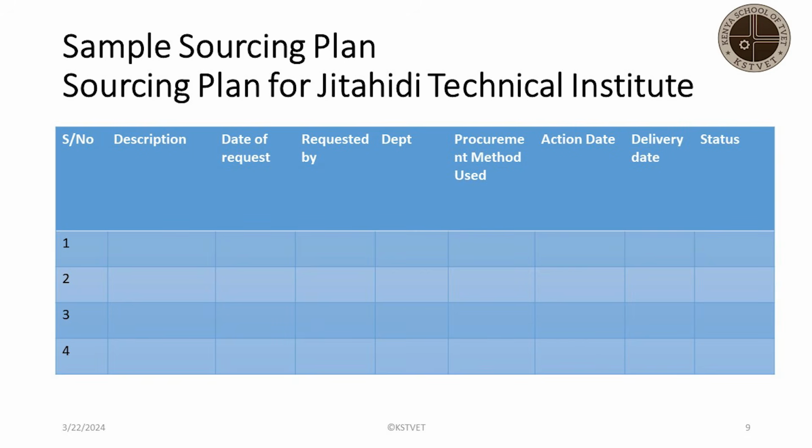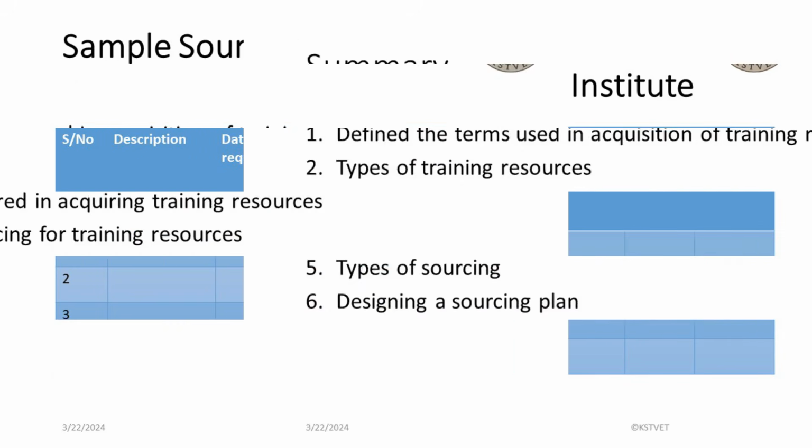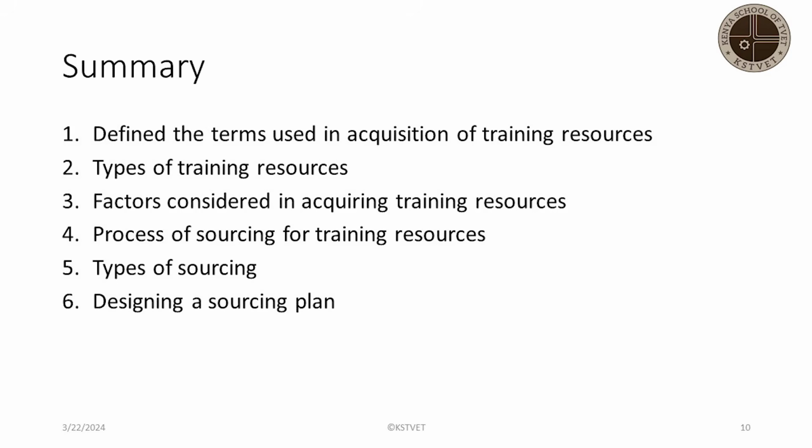So learner, what have you learned today? Very good. In this topic, we have covered the following. We have defined the terms used in acquisition of training resources. We've looked at the different types of training resources used. 3.